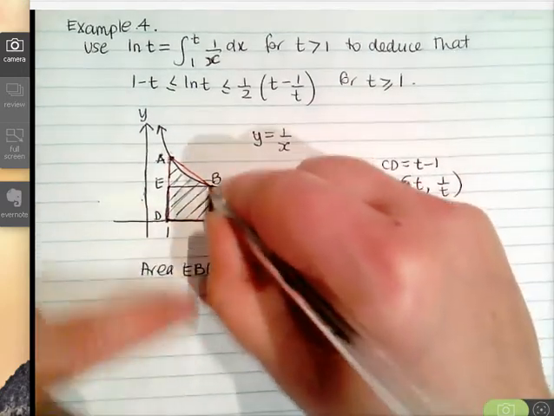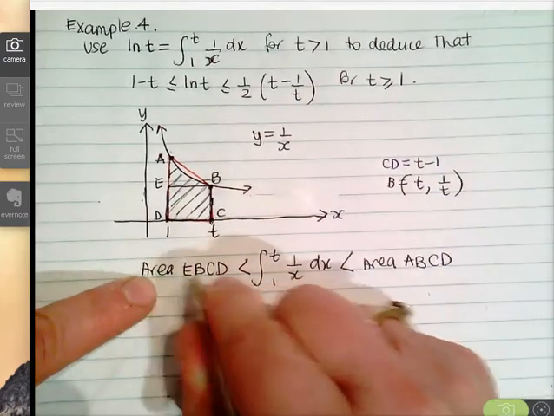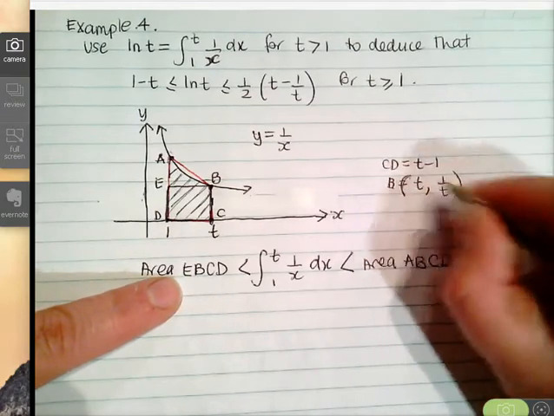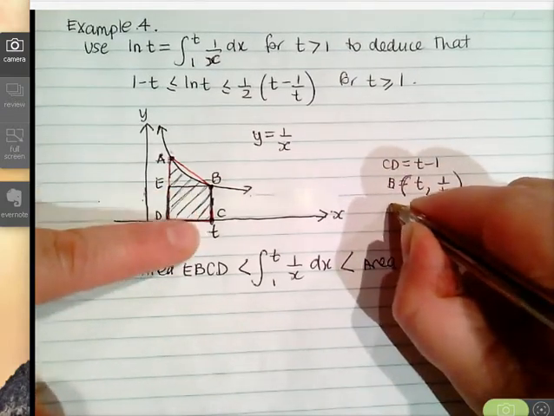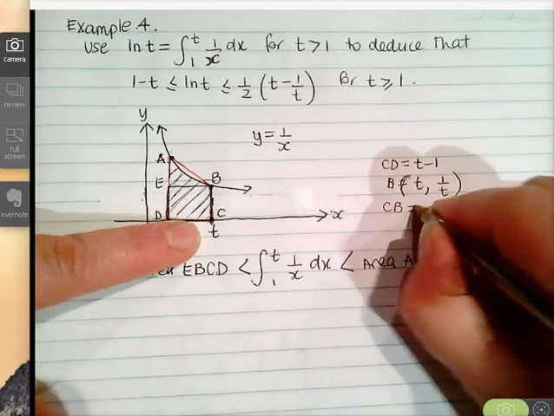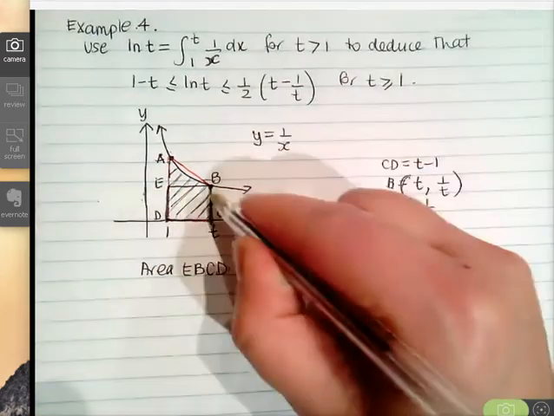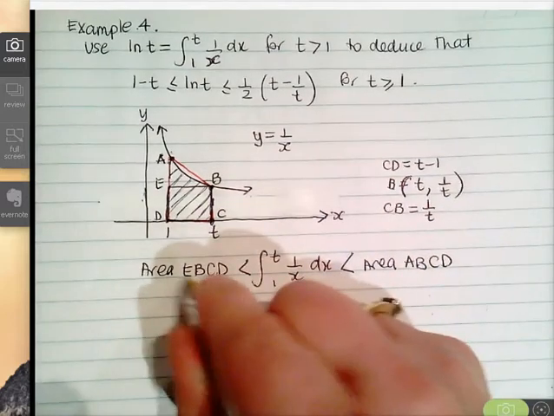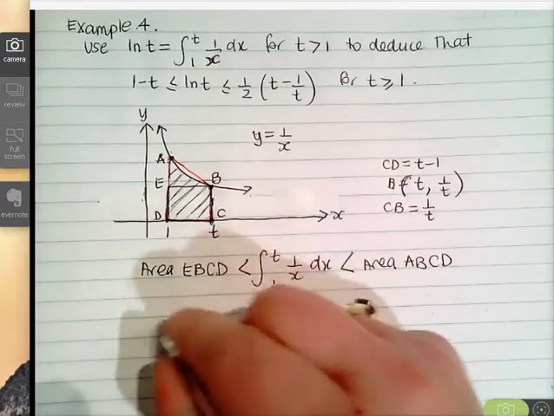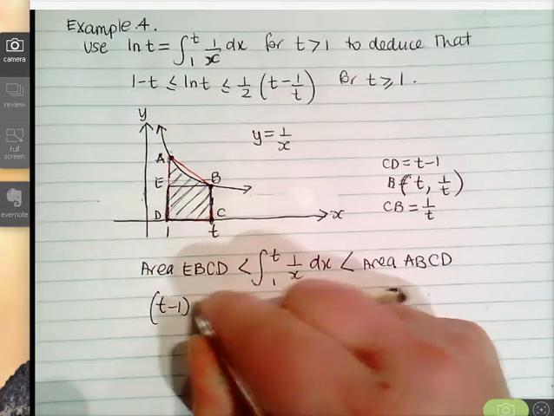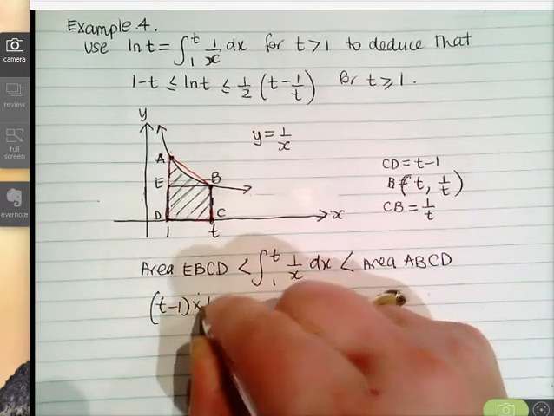So the length BC will be 1 on t units. This height here is 1 on t. Therefore the area of EBCD is t minus 1 times 1 on t.